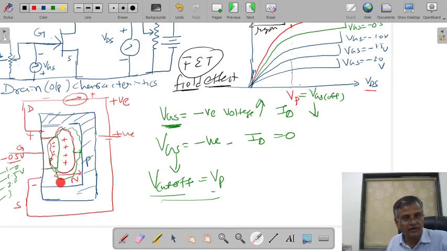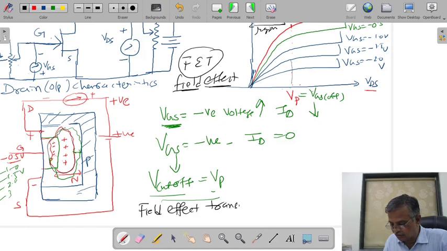Again, a viva voce question. In viva we sometimes ask why the name field effect transistor is derived. The field associated at the gate in a FET controls the drain current. Due to this reason, this device is known as a field effect transistor, and in short, it is called FET.